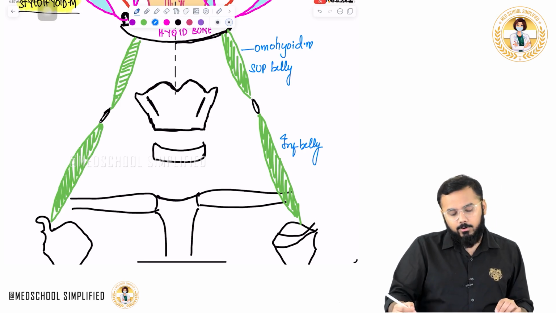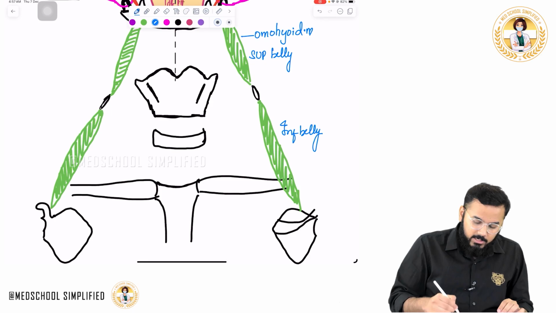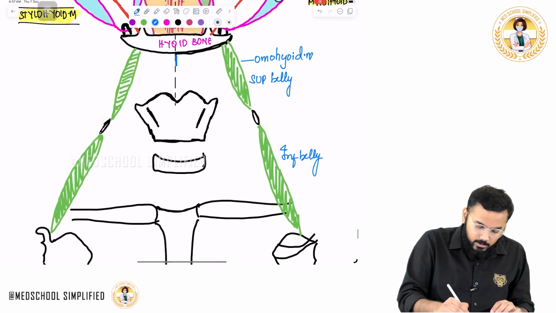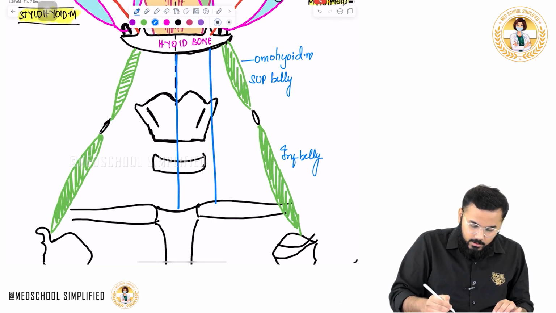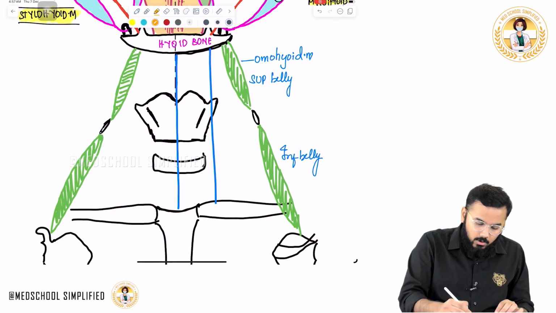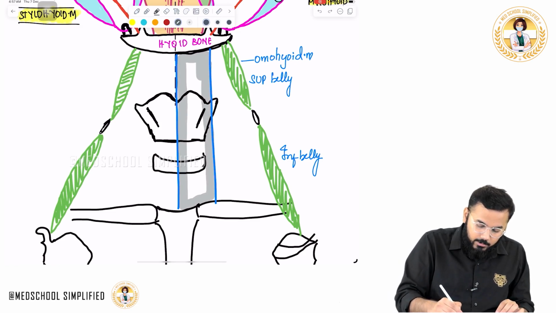Let me draw it with another border. This muscle attaches all the way from the sternum to the hyoid bone. You see, from the sternum up till the hyoid bone.